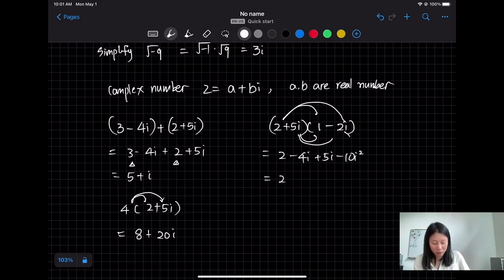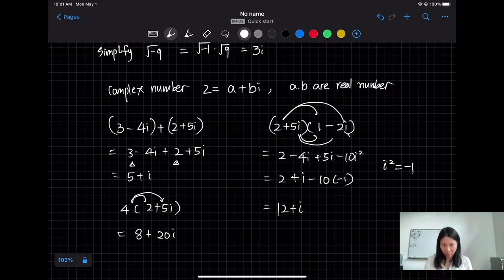I have a 2, -4i plus 5i gives i, and then -10i squared is equivalent to -10 times -1, because i squared equals -1. If I continue to simplify, I have 12 plus i. So multiplication of complex numbers follows FOIL.